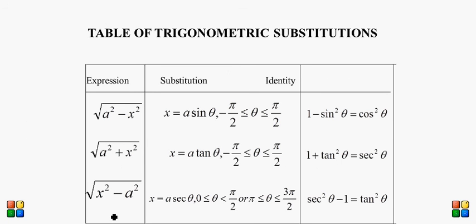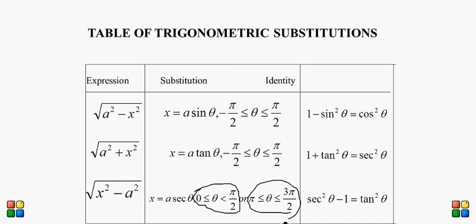This gives you the guidelines, and about the range of values I mentioned, looking at the secant here, what this basically says is when doing a definite integral with limits, and we have to evaluate theta, we should choose a value of theta that's either in the first quadrant or the third quadrant.